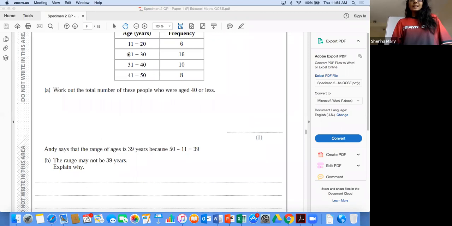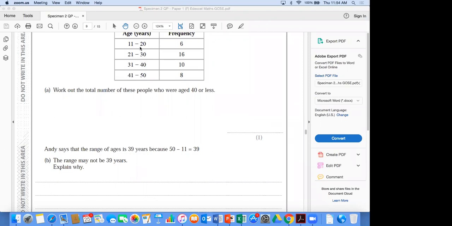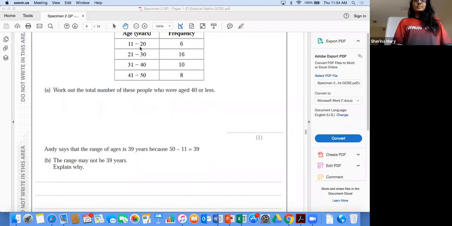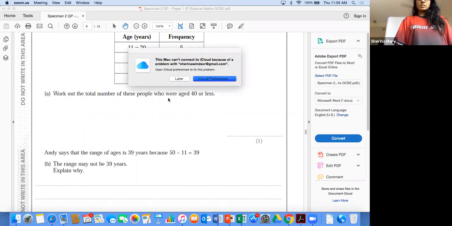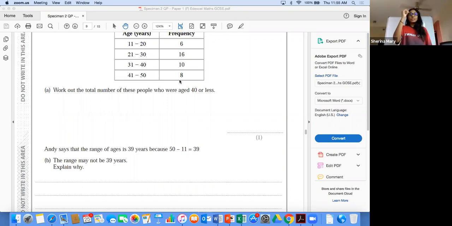In each row, what is the difference? 20 minus 11 is 9. 30 minus 21 is 9. So the range is 9 years. That's your explanation: range is the difference for each group of data, not the whole difference. When you calculate range, it's the range of each class, not the range of the whole table.